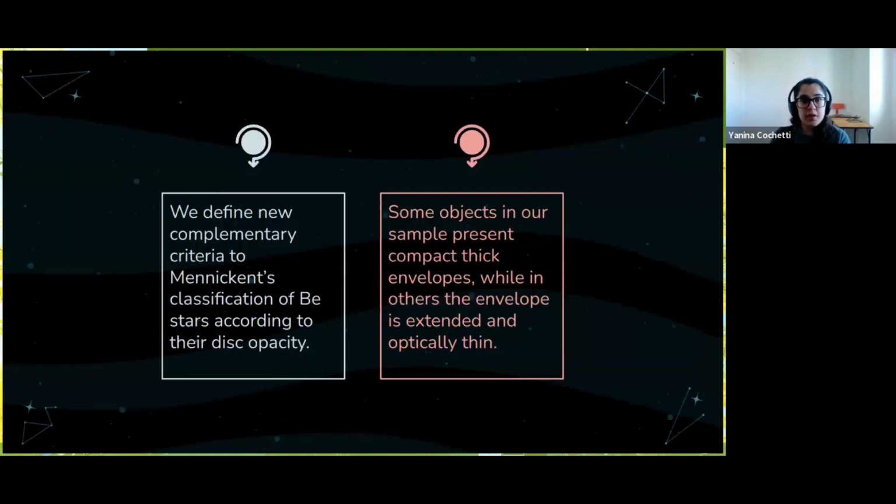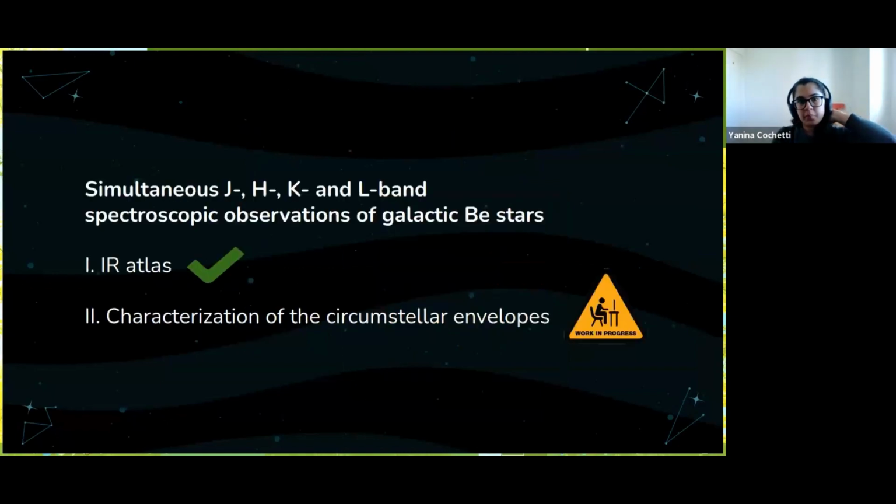So with these results, we define new complementary criteria to Manningham's classification to separate the Be stars according to their disk opacity. Some objects in our sample present optically thick envelopes, and others present extended and optically thin envelopes.